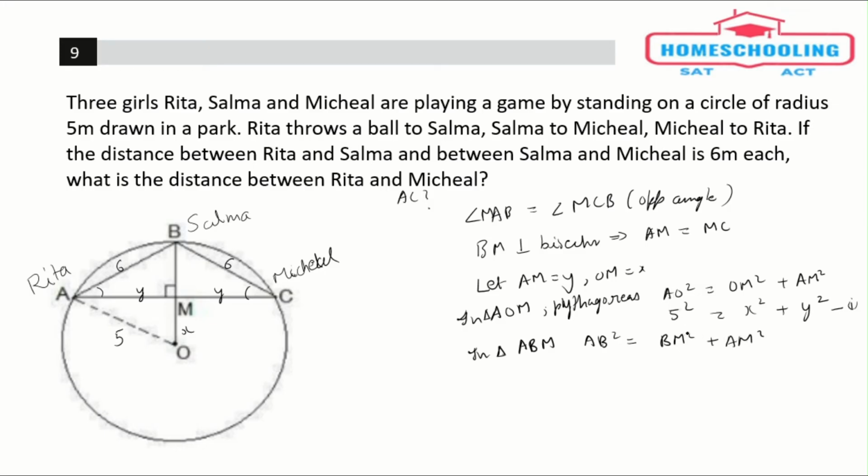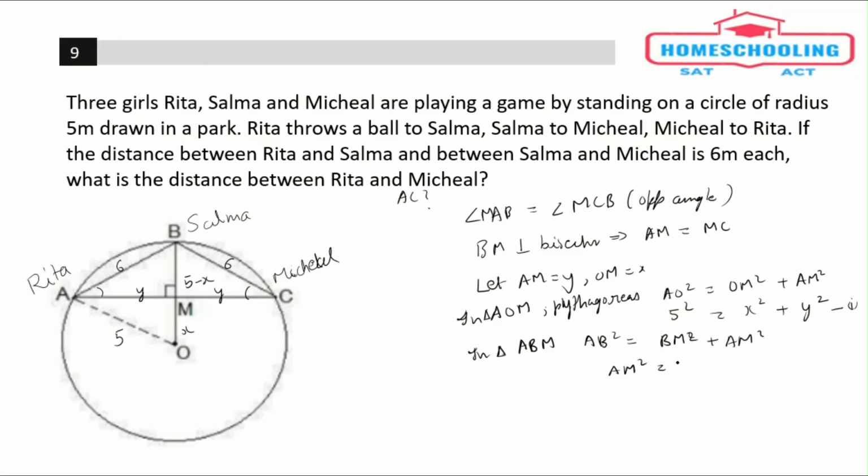Now OB is the radius, as we can see, and we know OM is x, so BM would be 5 minus x. So now let's put things here.